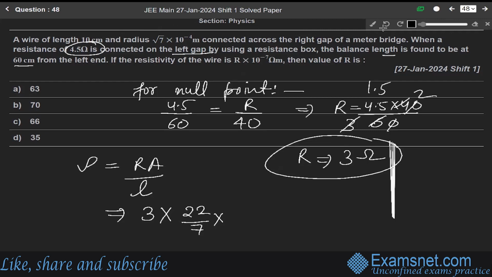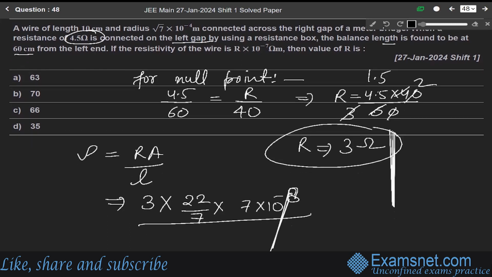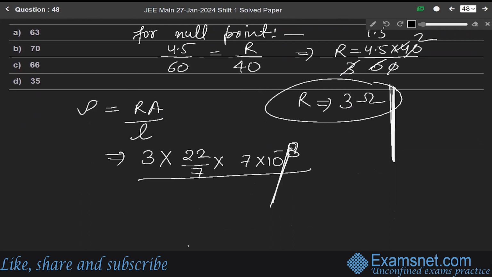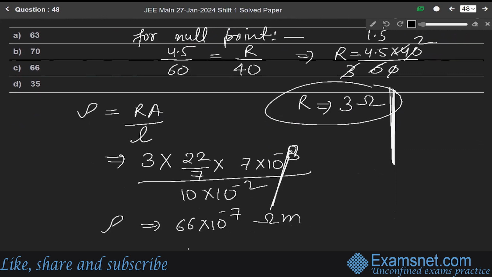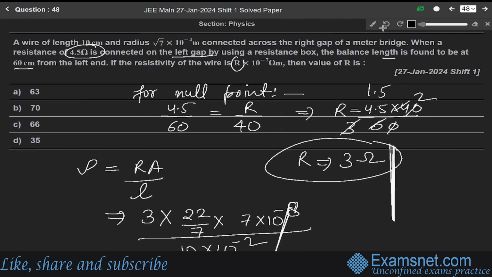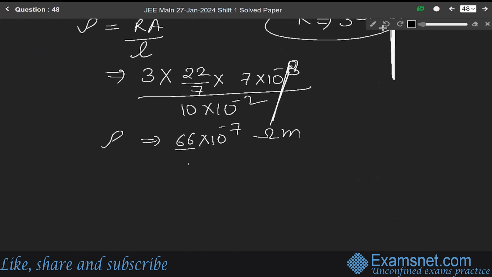R is root 7 into 10 to the power minus 4, means 7 into 10 to the power minus 8, over L. Length is given 10 centimeter means 10 into 10 to the power minus 2 meters. So solving it, we get rho resistivity as 66 into 10 to the power minus 7 ohm meter. So comparing it with the given, value of R is 66.